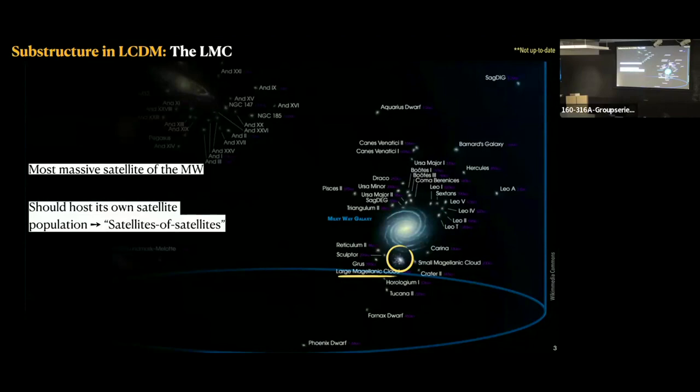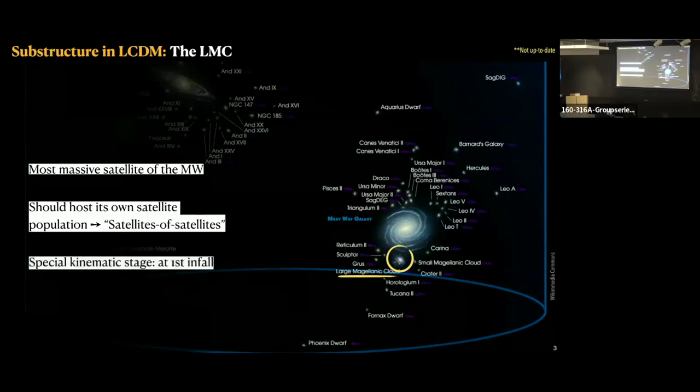And also because the LMC today is a satellite of the Milky Way, we would be talking about this concept of satellites of satellites. So this means that if we could disentangle which Milky Way satellites actually came with the LMC, then this would be one way of constraining the nature of dark matter, but also of understanding better the processes for galaxy formation in small halos, which arguably are the most important questions to answer in small scale cosmology.